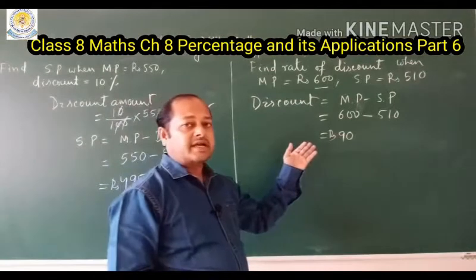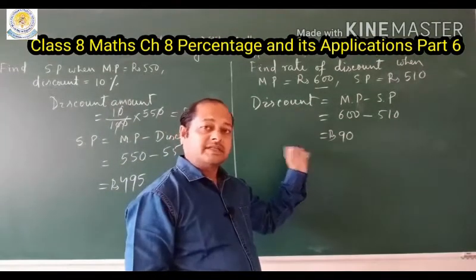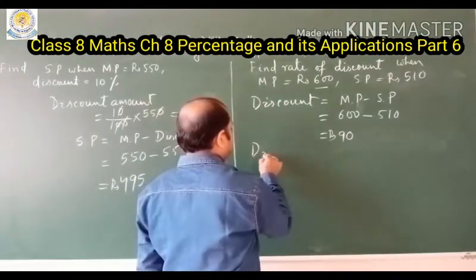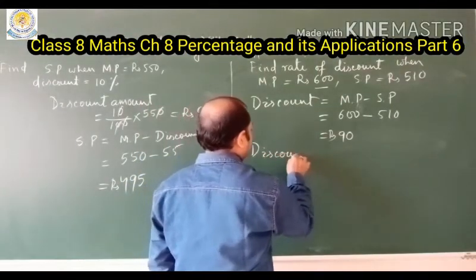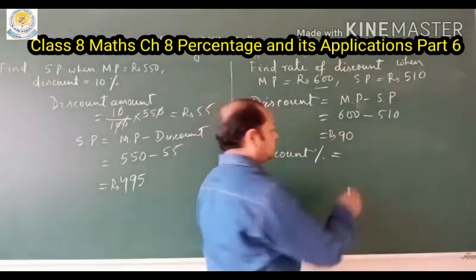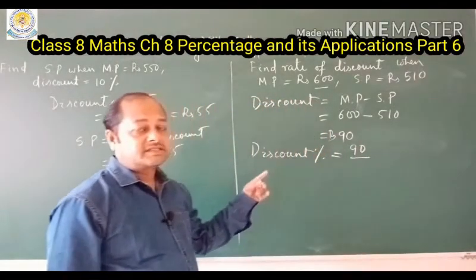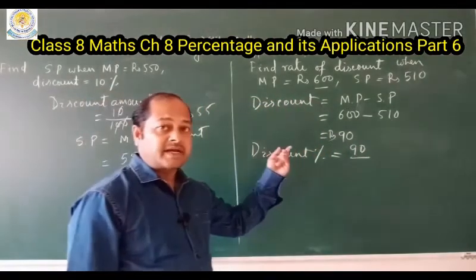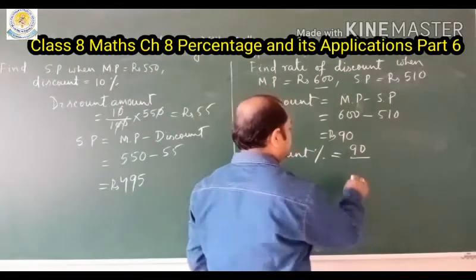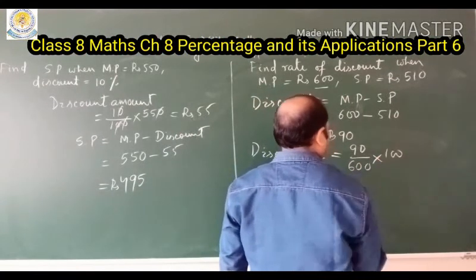If you know the discount amount, then we can easily find the discount percentage. Let's find the discount percentage, which is equal to the discount amount, that is 90, upon, always the discount is calculated upon the marked price, as I already told, that is 600, into 100.